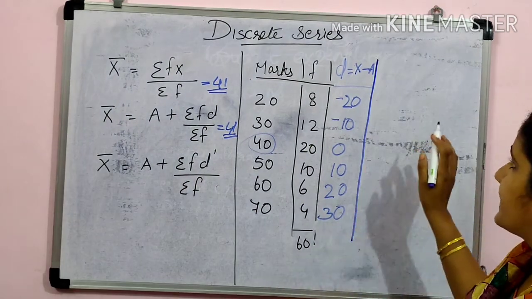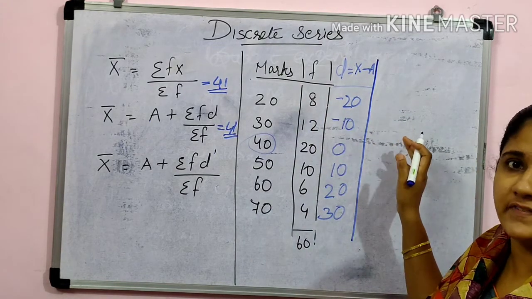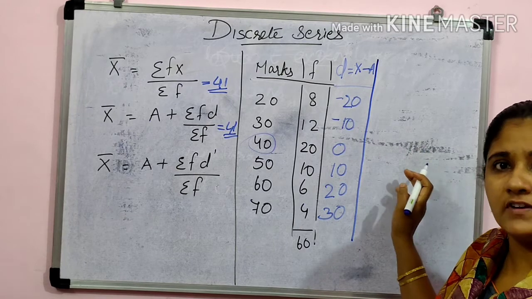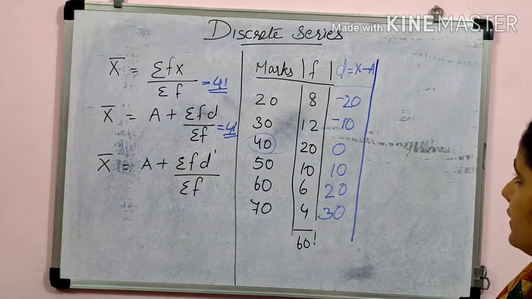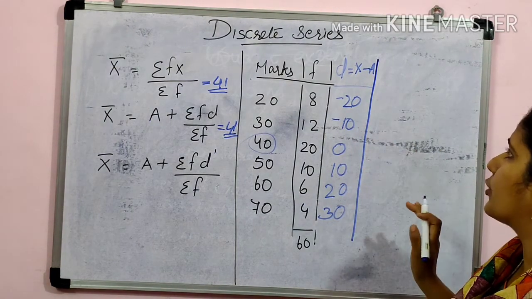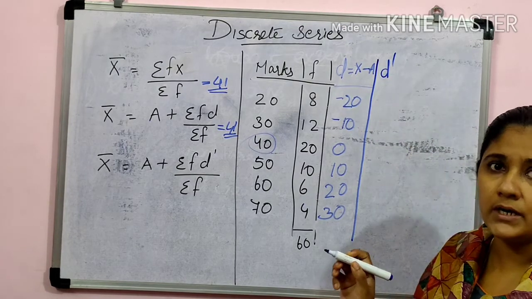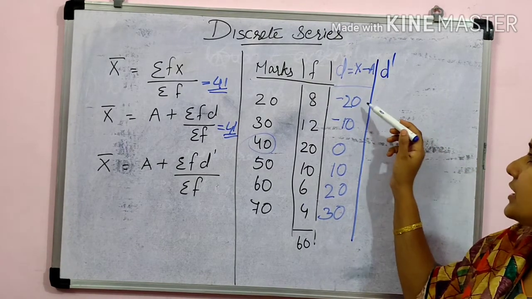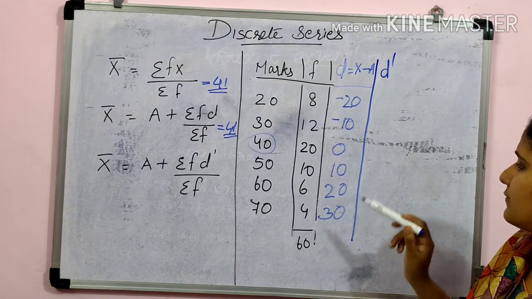So students, here marks and frequency are already there from the previous solution, and for the previous method we have already found the deviation also. The same method we are continuing. Till D we have already calculated, but now the next one is D dash. D dash means you just see here 20, 10, then 0, then 10, 20, 30.